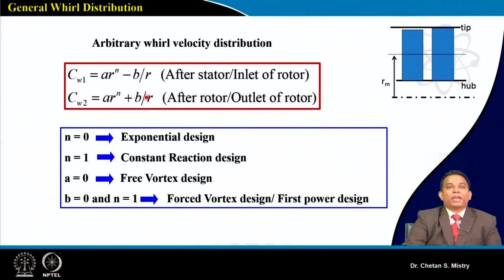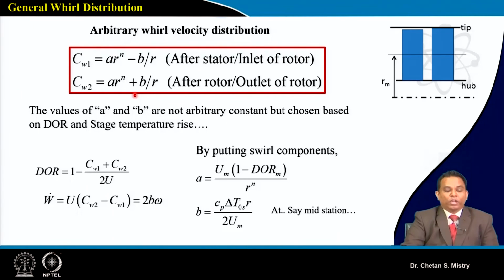Now the question may arise in our mind, what about these constants A and B? Here if you look at this Cw, as we have discussed, at the entry Cw1 and at the exit my Cw2, what we know from our fundamentals is that A and B can be calculated based on our degree of reaction and my stage temperature rise.